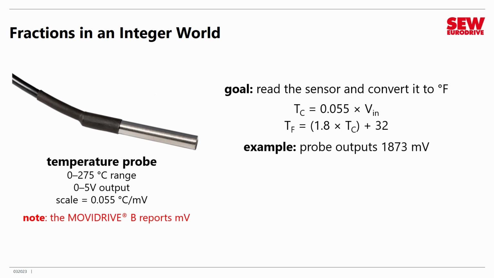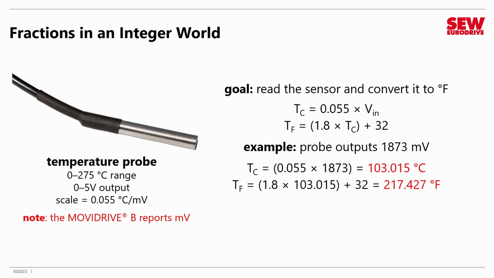So let's do an example the way it would work if we just did it on a calculator. Let's say our probe outputs 1873 millivolts. That voltage represents the temperature. So we pull out our pocket calculator and take 0.055 times 1873, and that gives us 103.015 degrees C. All right, no problem there.